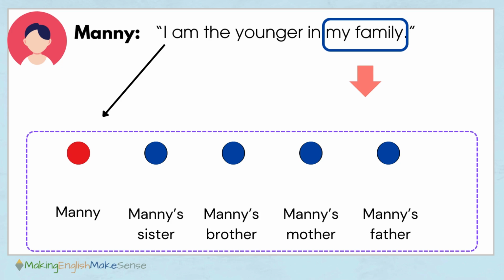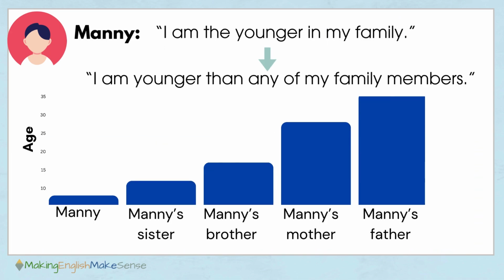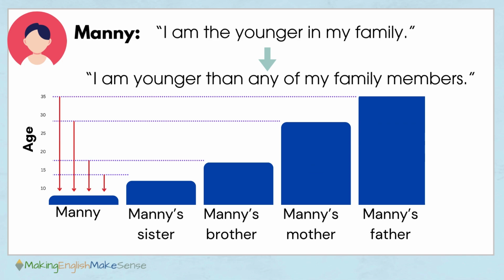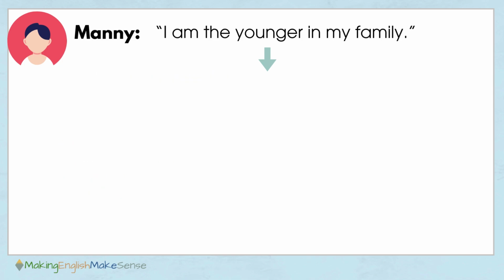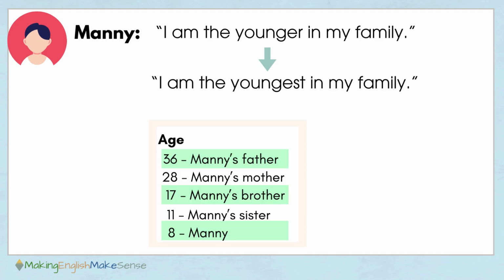Since the subject is being compared to everyone else in the group, we have the option to either use a comparative construction to highlight the difference, like I am younger than any of my family members, or we can use a superlative construction to show that the speaker's age ranks the lowest, saying, I am the youngest in my family.